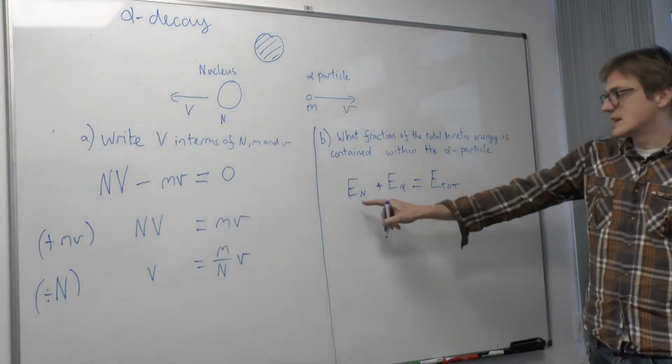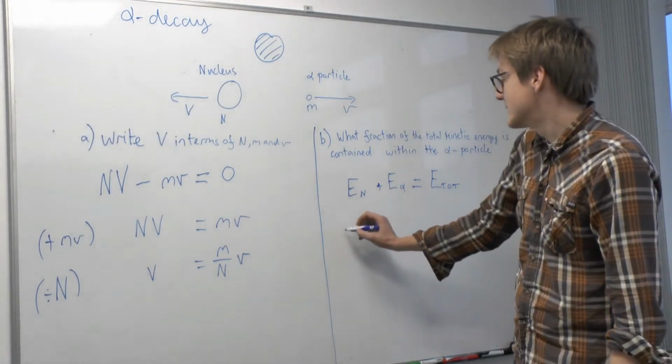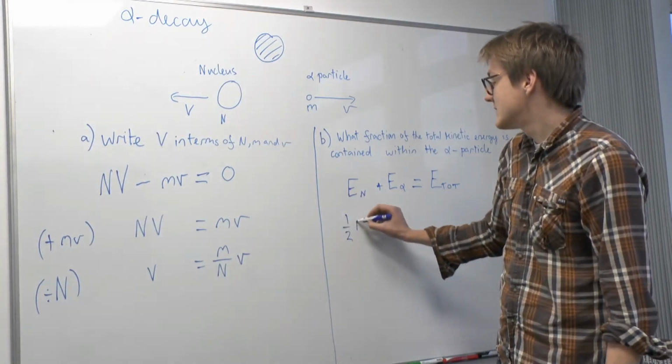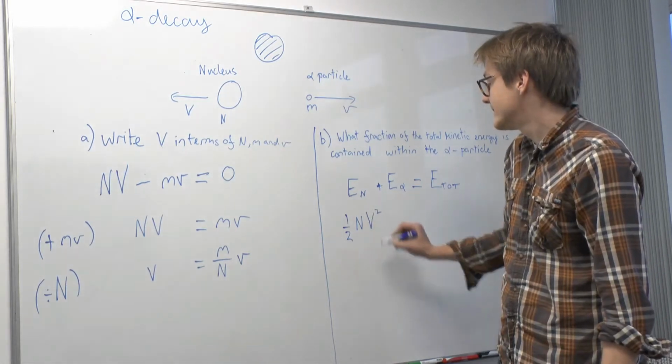Now, what is the expression for this? Well, we know the expression for kinetic energy. It's a half times mass times velocity squared.